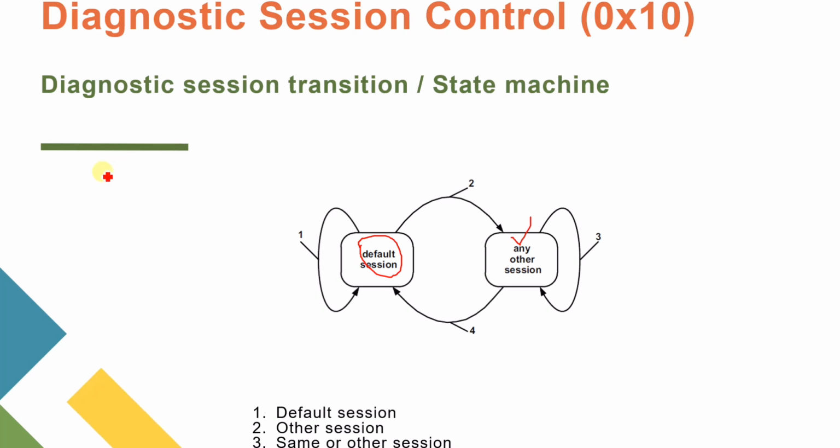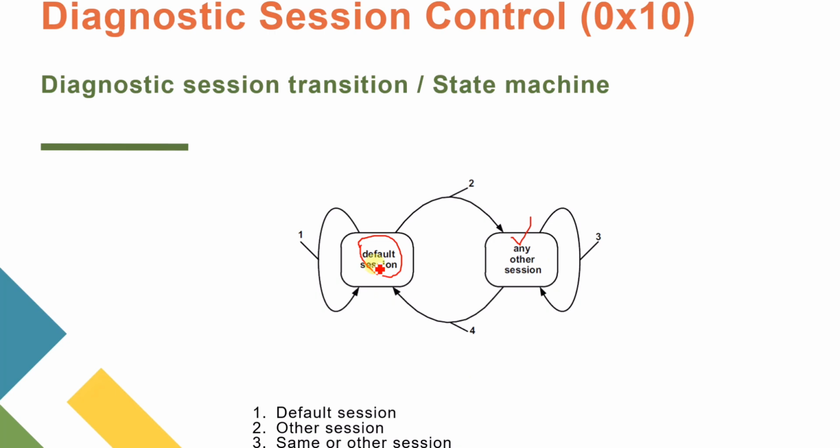So here we are coming from default to any other session. Some flexibility will be enabled for us to perform beyond the restriction of flashing or erasing the memory. Those functionalities we can do. And if we come from non-default to default, then what will happen?